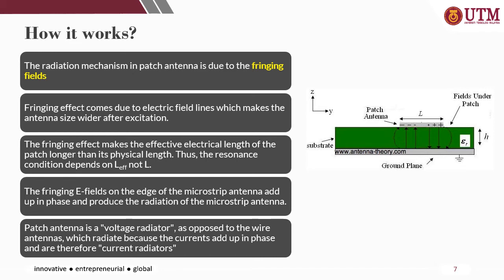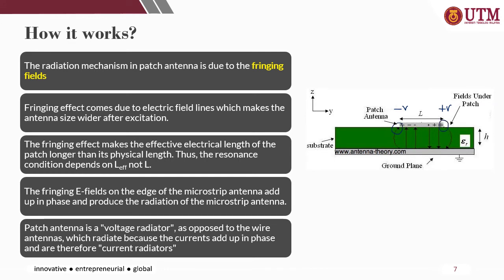Let's say the maximum voltage appears at one end of the patch structure, while at half a wavelength away from the maximum voltage position, the voltage is minimum, so negative V here. So the fields underneath the patch are as shown in this figure, where the fringing fields appear around the edge of the structure.